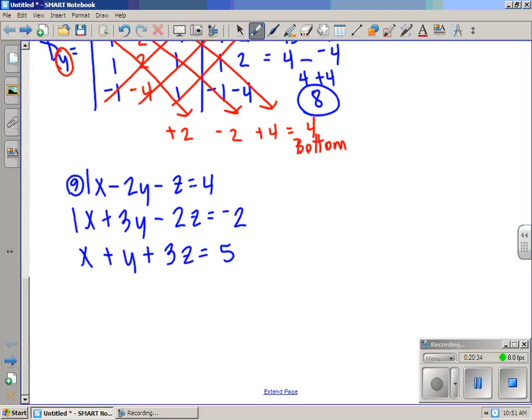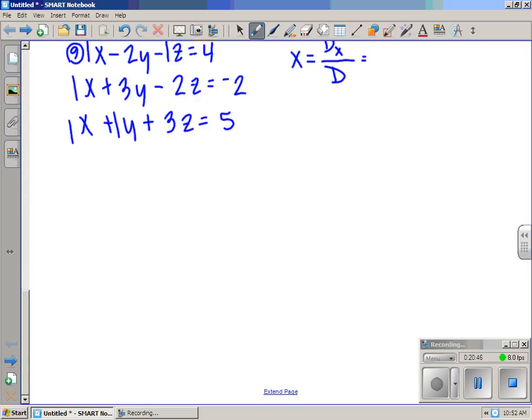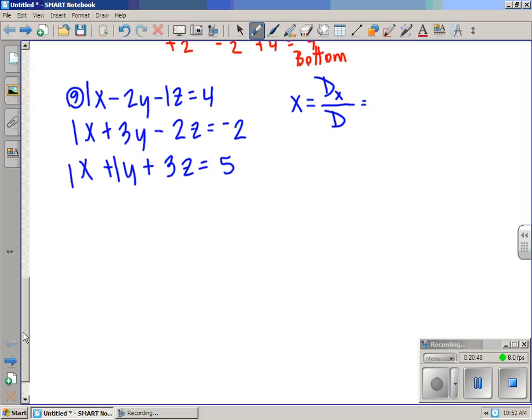Put ones where they don't have numbers. To find x, we need the determinant of x and the determinant of the whole thing. I'm going to start off with the determinant of the whole thing. Be sure you identify with D equals so that I know which determinant you're working on.